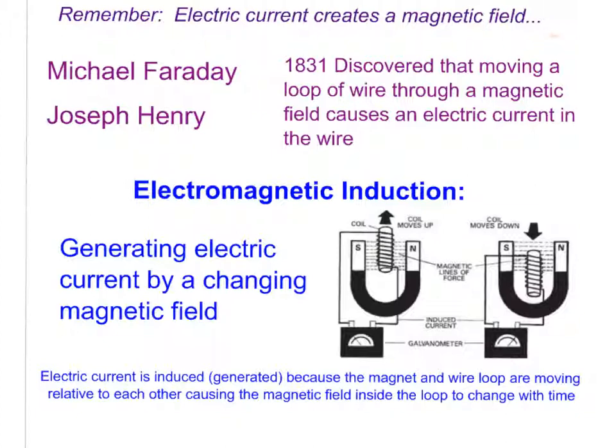It's the opposite of electric current creating a magnetic field. Now we're looking at moving a loop of wire through a magnetic field and generating an electric current in that wire.